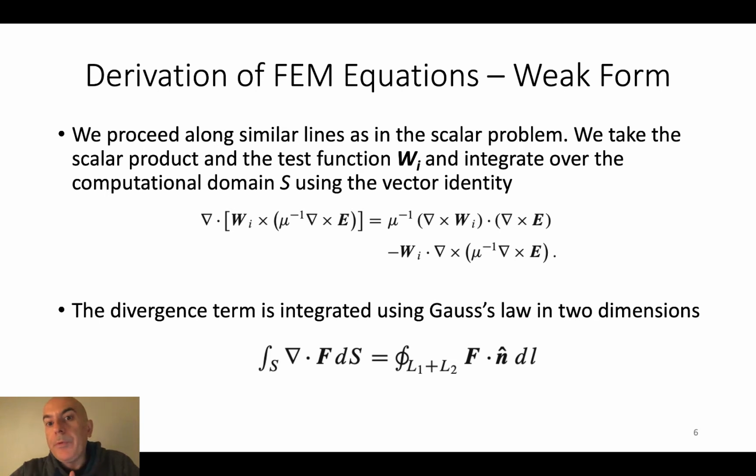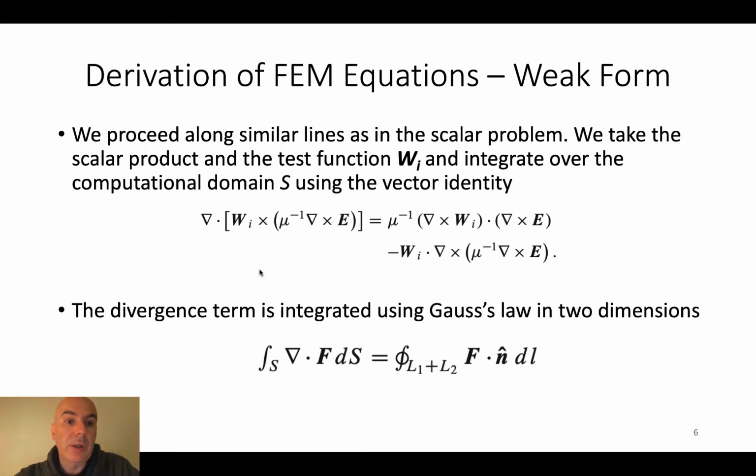We do two things to work out our weak form. The first is to apply a vector identity, that is the curl of the curl, corresponding to this expression here. So here basically we have the dot product for this quantity and the dot product for this quantity here. That's the first vector identity we are using.